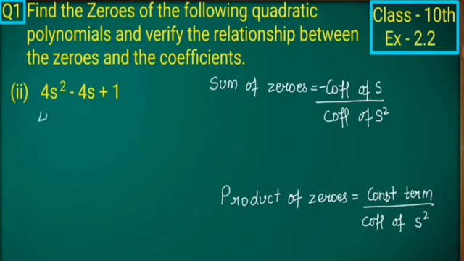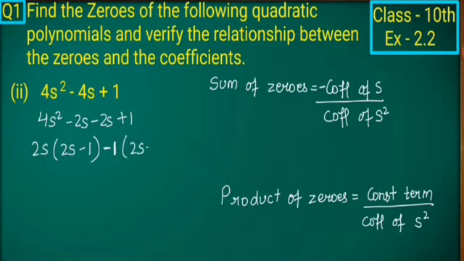4s square minus 4s plus 1. So here the variable is s, not the x. So it doesn't matter, variable can be anything. So we have to factorize it, and from the first two terms we take 2s as the common, and we will get 2s minus 1 within the bracket, and from the next two terms we take minus 1 as a common, and we will get 2s minus 1.